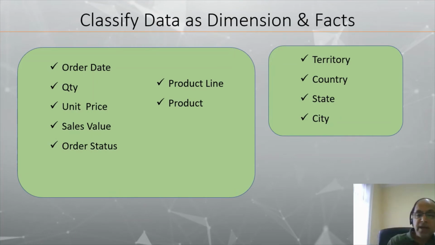Now that we identified the key fields, let us classify them in terms of which of them are dimensions and which of them are facts. These are the two important terminologies when we build a BI solution using a data warehouse.